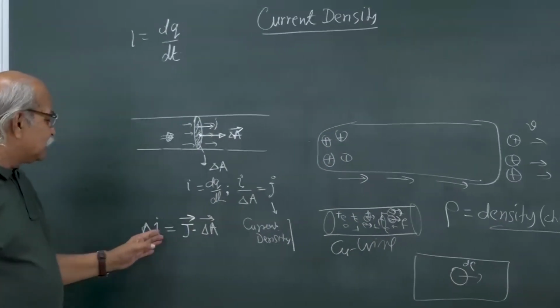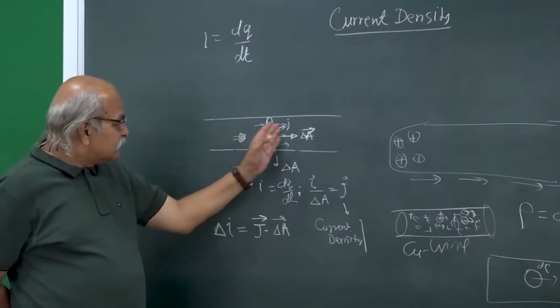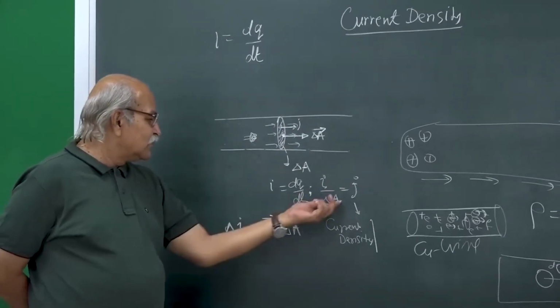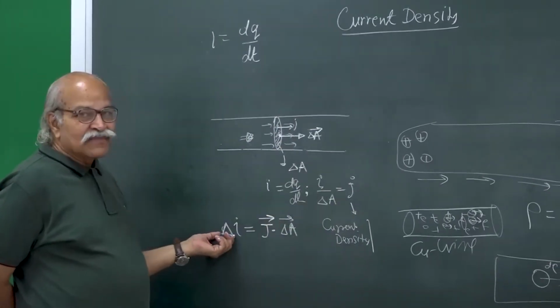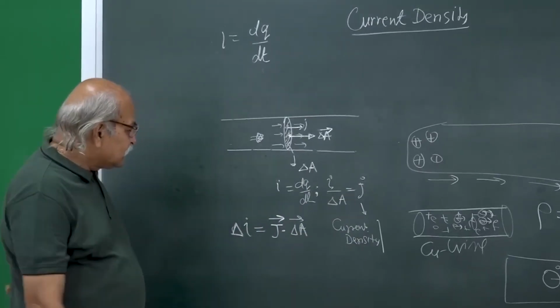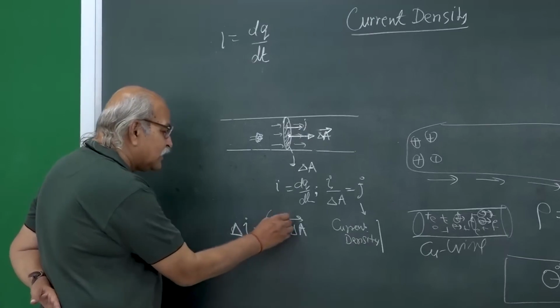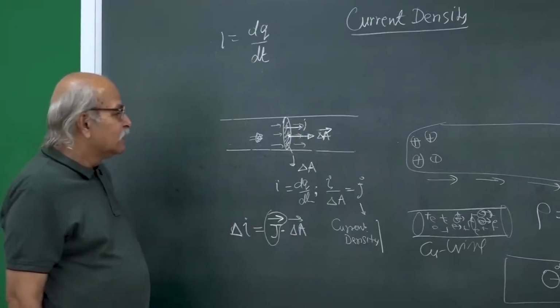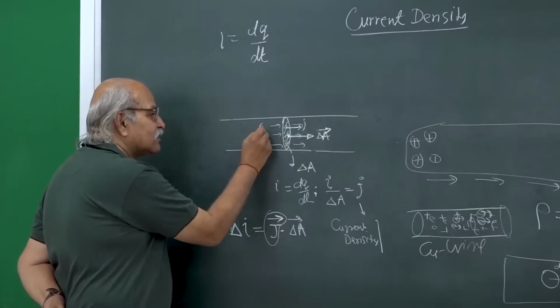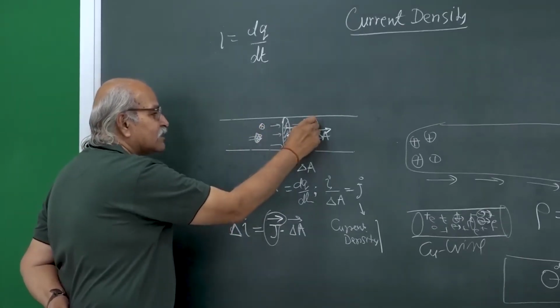So that way you define this J, and then J dot dA, the magnitude of this into the magnitude of this, J into dA, will be I. Writing in this vector form gives another benefit, because J is defined point by point. If you are here, construct the area here. If you are here, construct the area here.